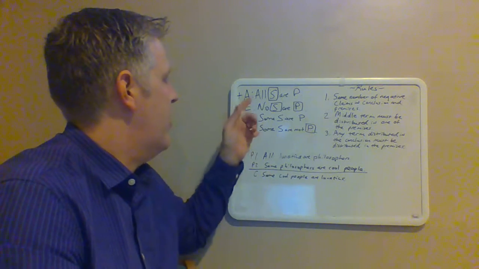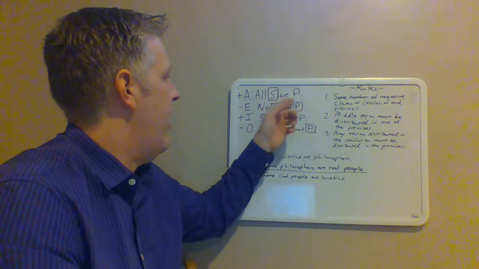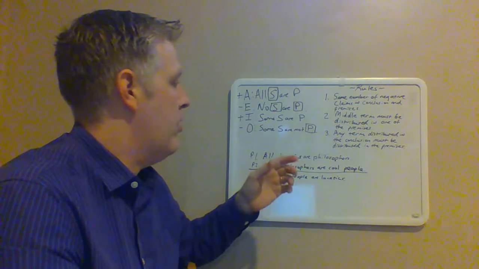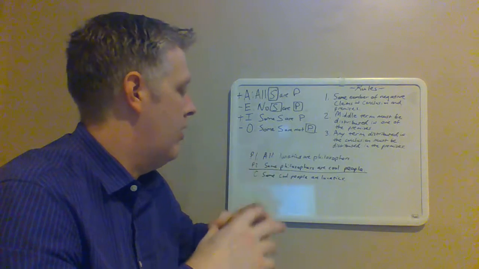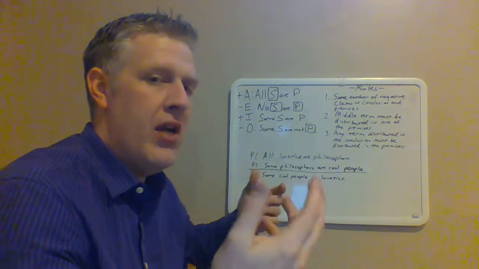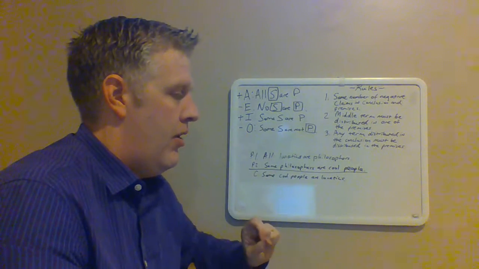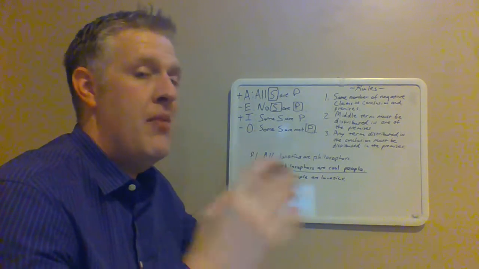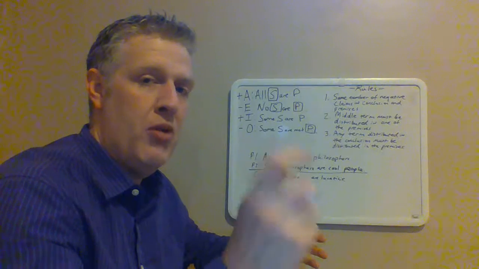For example, if we are told all cats are animals, the term cat is distributed. We're being told something about all cats, namely that they're animals. So a term is distributed if we're being told something about all members of that class that term labels.